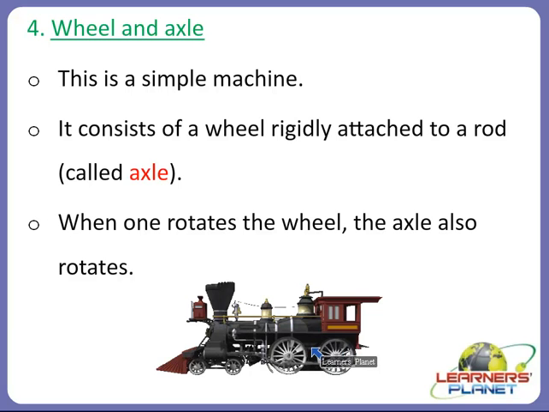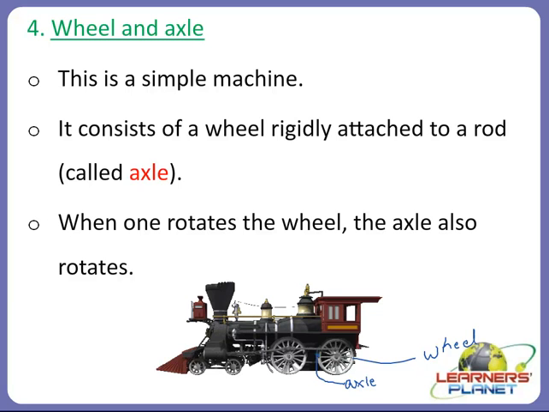For example, you can see here this ancient type of train, and here this is a wheel and this is the axle, right? When one rotates the wheel, the axle also rotates with it. So this simple machine consists of a wheel and axle, both.